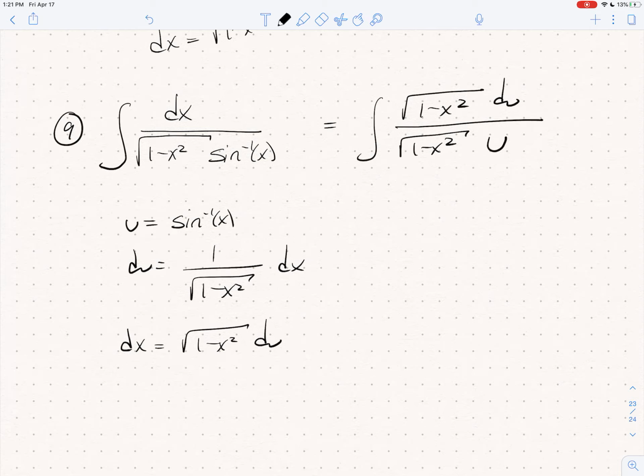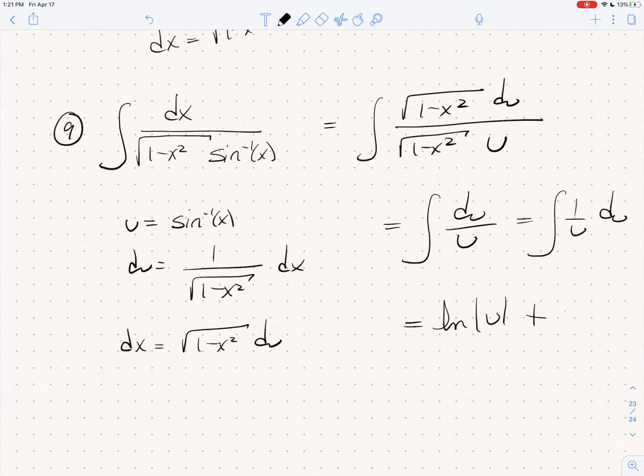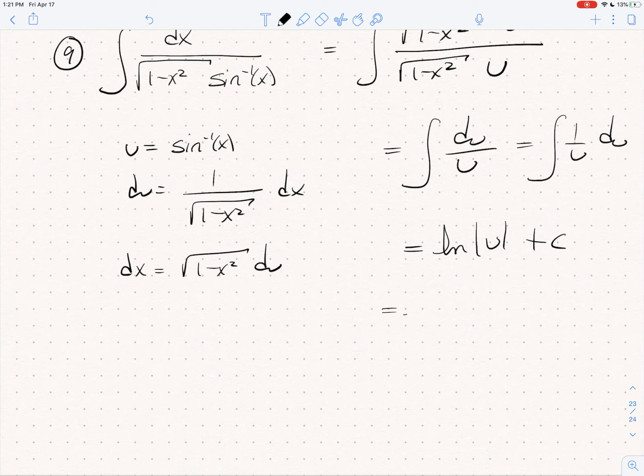Inverse sine is our u. And so I get the integral of du over u, which I know is just the integral of 1 over u du. That's one you should have in your back pocket. Ln of the absolute value of u plus c. This is ln of the absolute value of arc sine of x plus c.